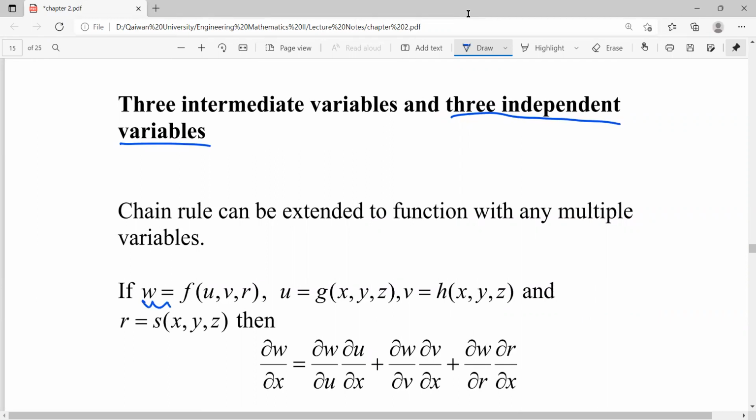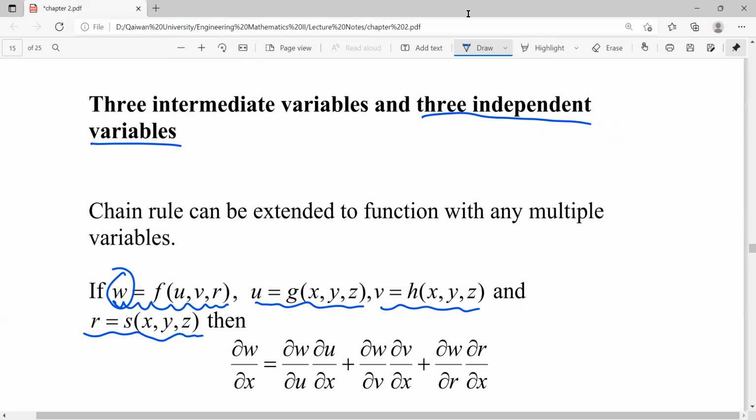Here we say W is a function of U, V, and R. And U is a function of X, Y, Z. V is a function of X, Y, Z. And R is a function of X, Y, and Z. If you want to find partial W by partial X, in the function of W, you have no X. So you must use chain rule.